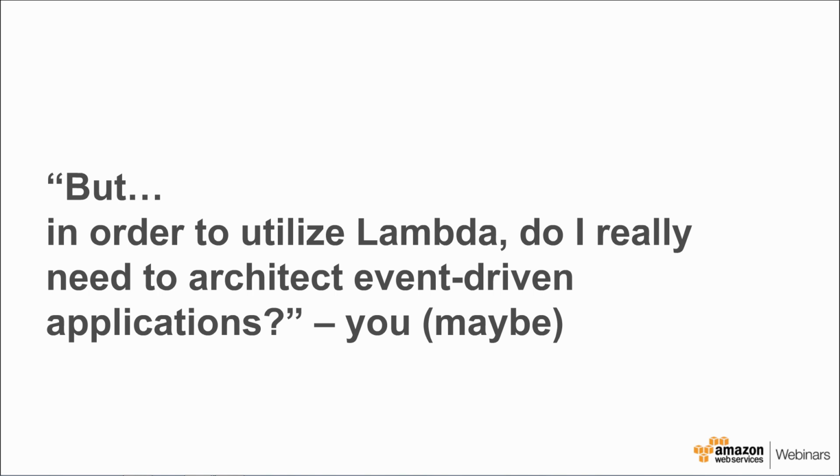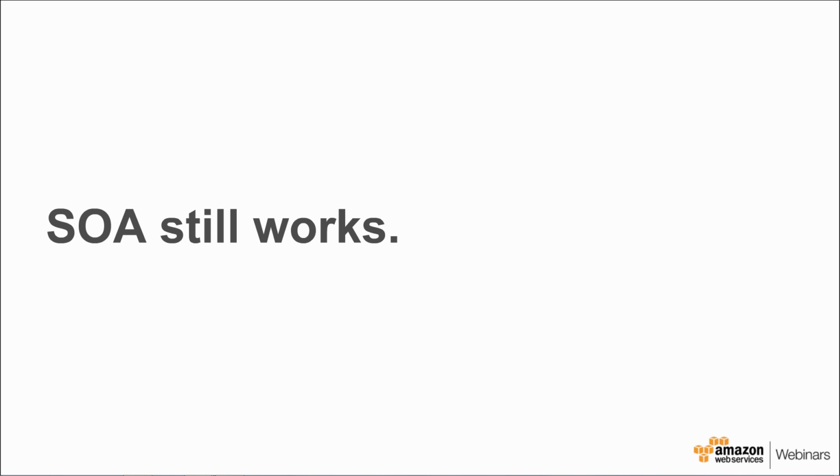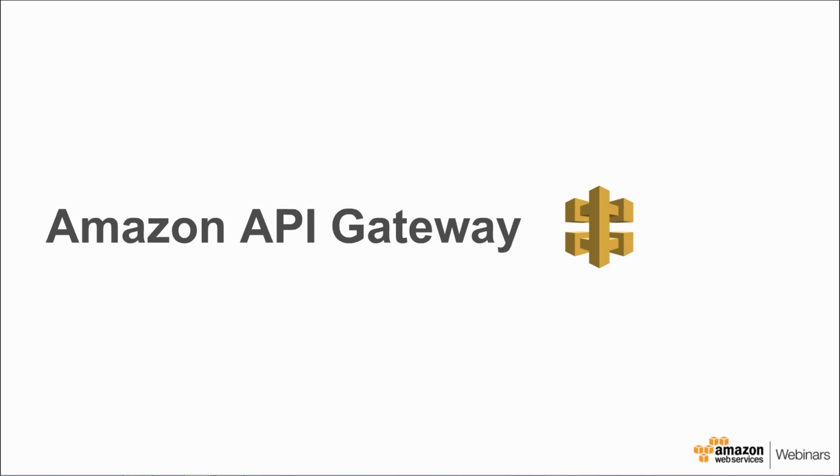It may be a pretty far stretch for you to be able to start really changing and revolutionizing the way you're designing application architecture. So the good news is service-oriented architectures still work with AWS Lambda, and the service that enables that is Amazon API Gateway.